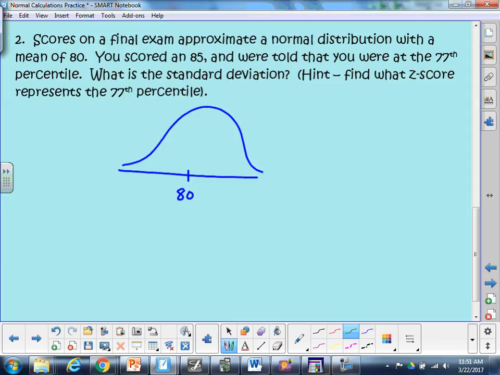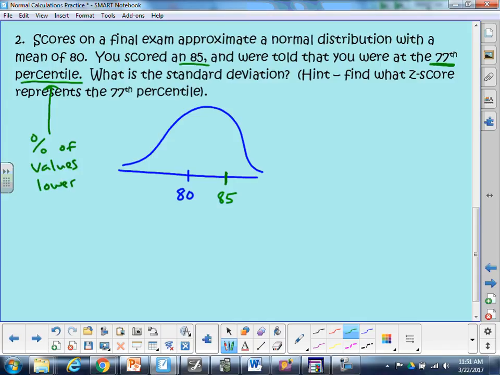Okay, so let's put this out. So your score was an 85. To kind of get an idea of where it would be, 77th percentile is above half, so it's going to be somewhere above the mean up here. I'm just estimating. So an 85, now think about what percentile tells you: the percentage of values beneath your value.